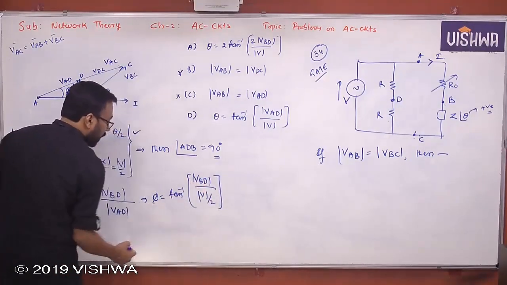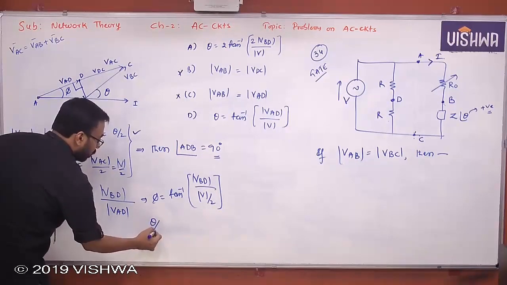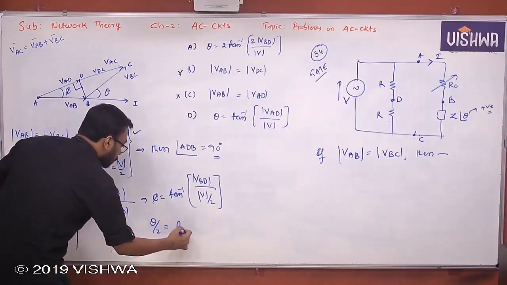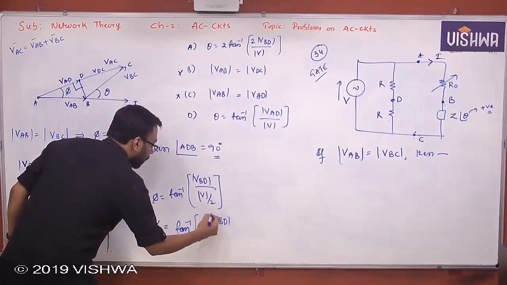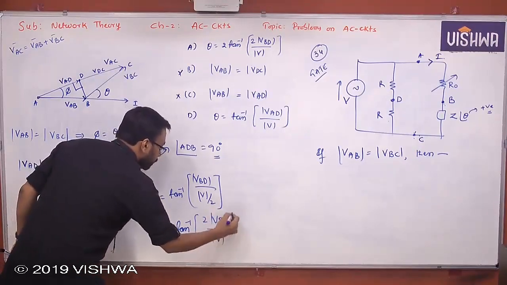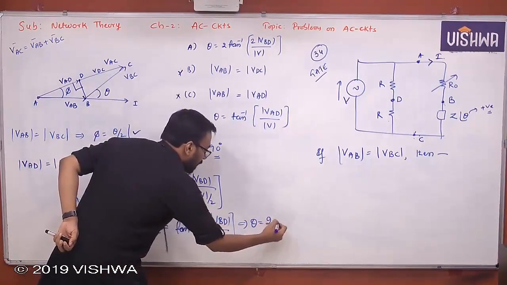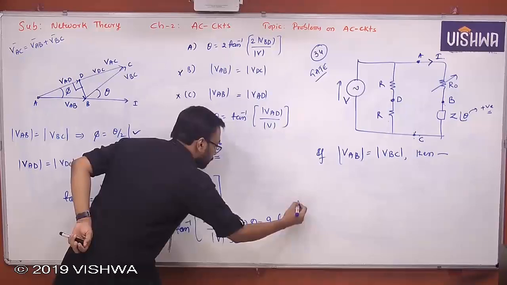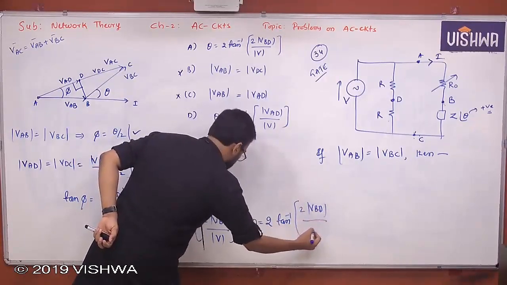Understand? This 2 will become, but angle phi is nothing but theta by 2, bisecting, right? So tan inverse of 2 times VBD by V. Finally, you are left with theta is equal to 2 times tan inverse of 2 VBD by V.